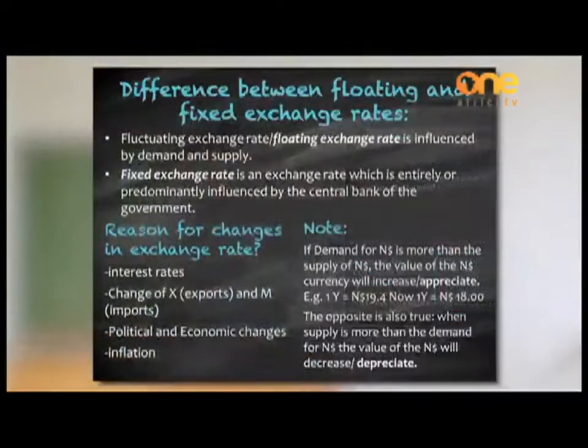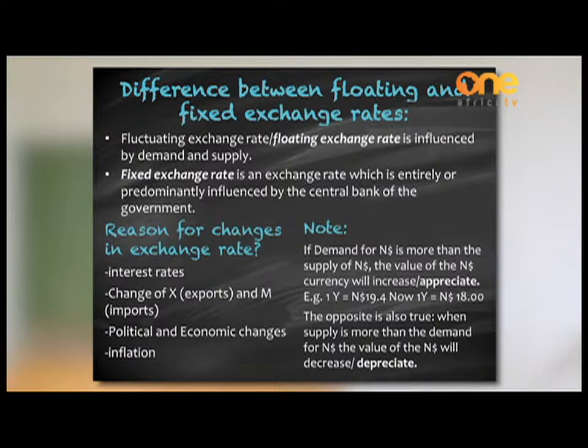Okay, then you must realize that exchange rates can be fluctuating, or they call them floating exchange rates. They are just influenced by demand and supply. So the more the demand is for a currency, the higher the value of this exchange rate.